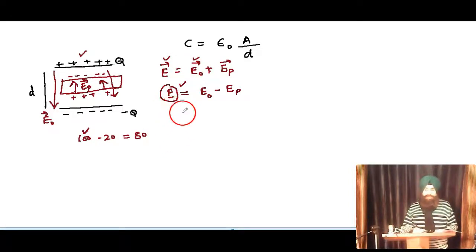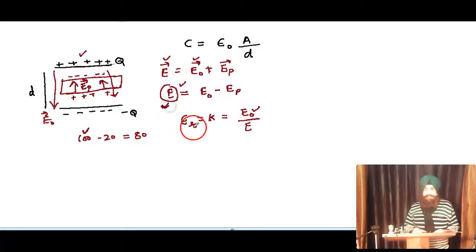Next there is the definition of the dielectric constant or relative permittivity of the dielectric. It is a ratio. The field without the dielectric is E naught, and the field in the presence of the dielectric is E. So E naught is always greater than E, because E is always reduced.